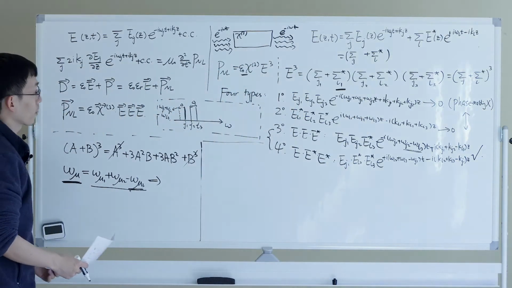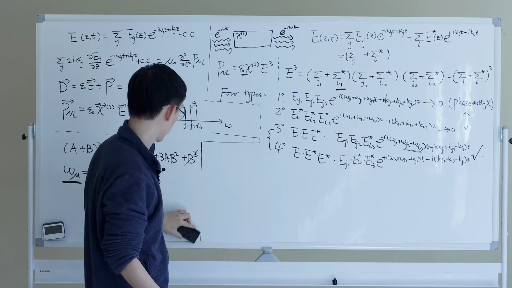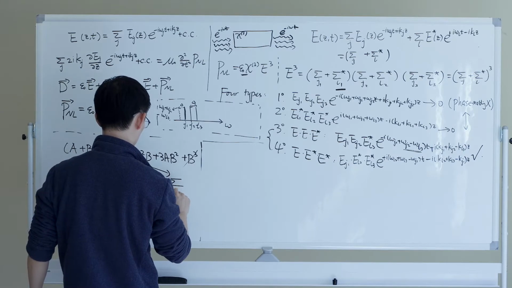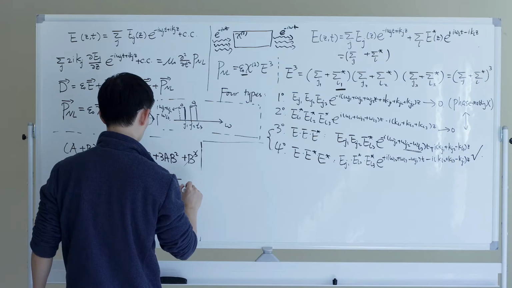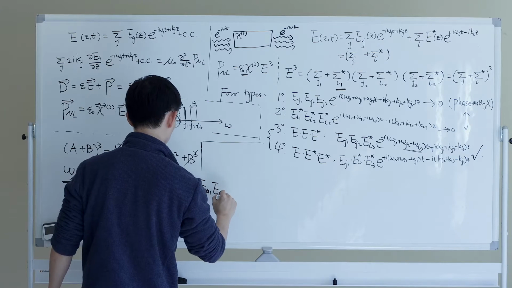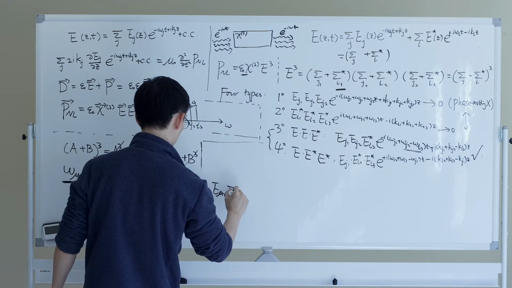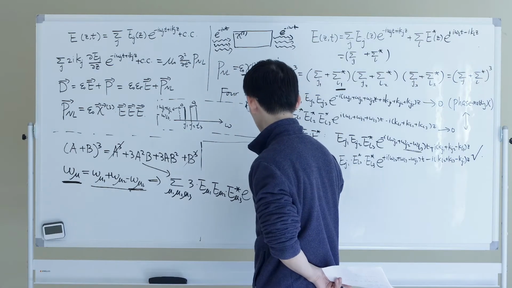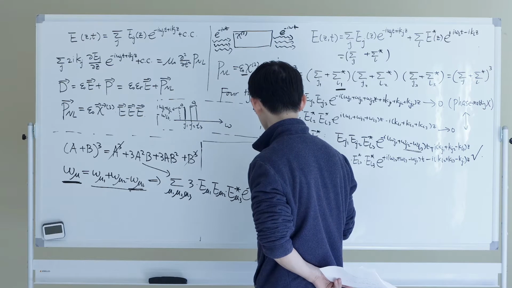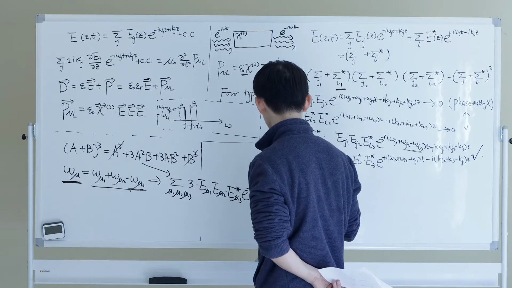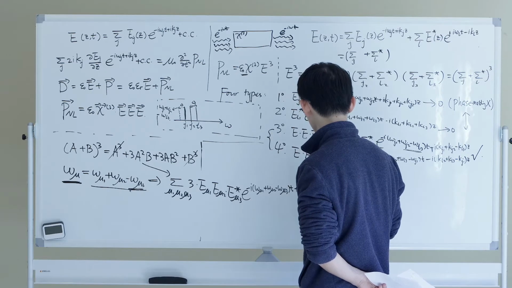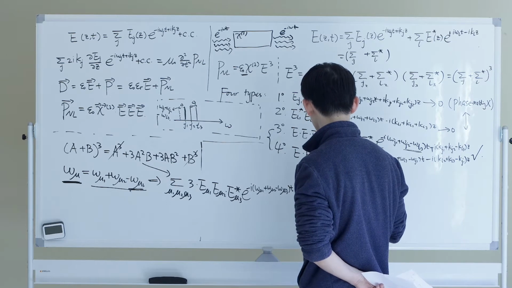That's the reason we can write this term as the sum over mu1, mu2, mu3, of 3 times E mu1, E mu2, E mu3 conjugate, times e to the minus i omega mu1 plus omega mu2 minus omega mu3 t plus i k mu1 plus k mu2 minus k mu3 z.